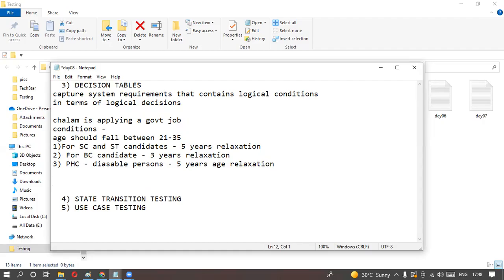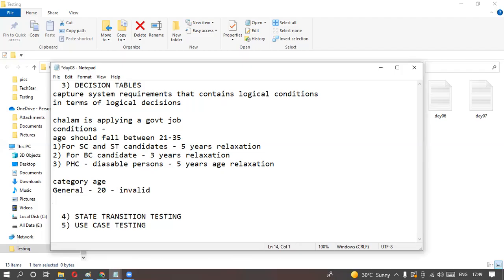So can anyone categorize now, look into some category. For OC candidate, I mean general candidate, if the age is 20, then is it valid or invalid? Invalid. Okay.